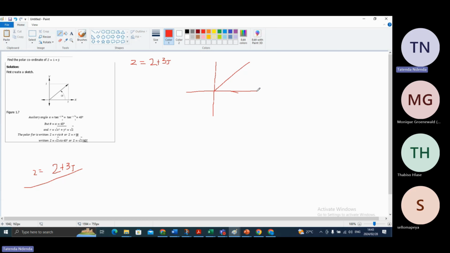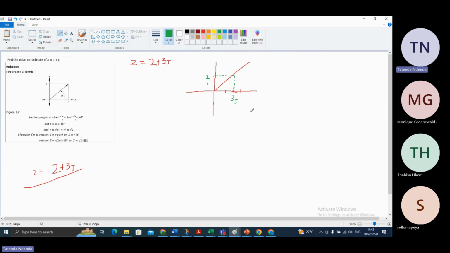And this is going to be 1, 2, 3 on the imaginary part, and this is going to be 1, 2. So we go like this, and it goes like this. So this is 3J and this is 2.